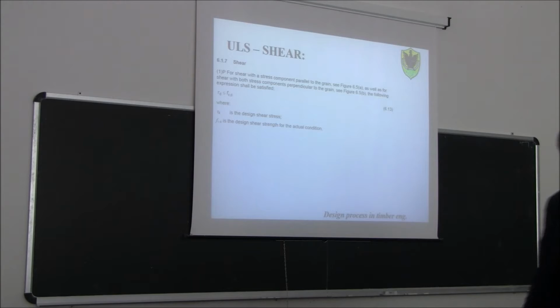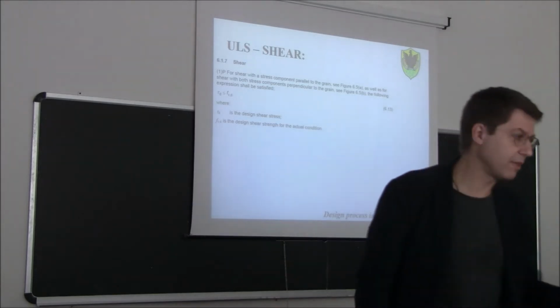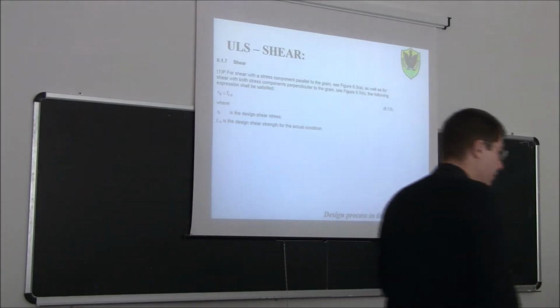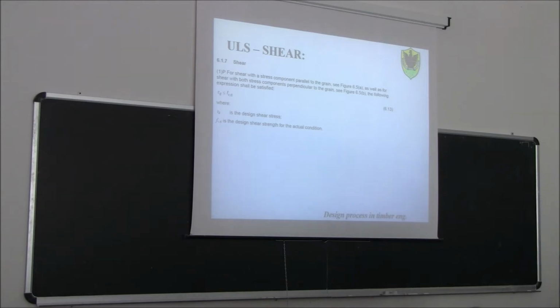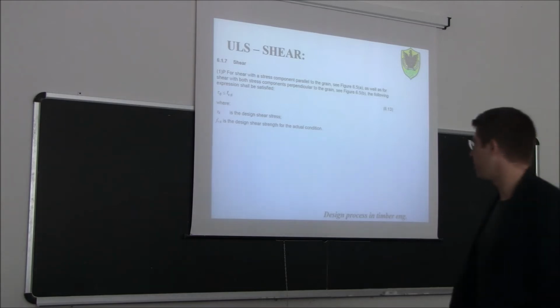If you remember, we have three different types of shear. We have a shear perpendicular to the grain, a shear parallel to the grain, and a rolling shear. For a beam, usually what we are interested in is the longitudinal shear, so the shearing along a horizontal plane along the axis of the beam.